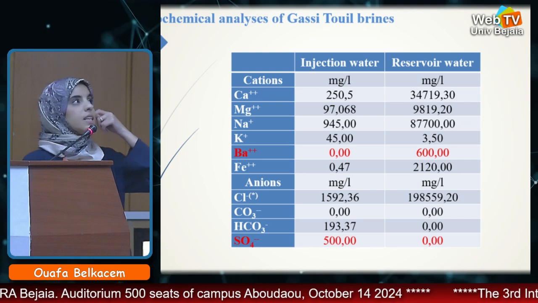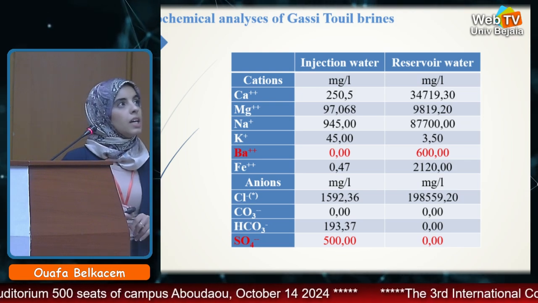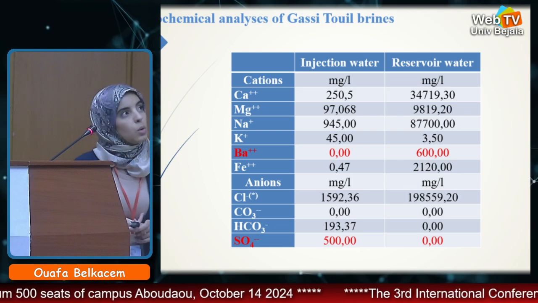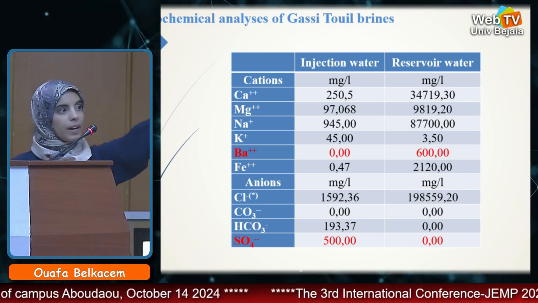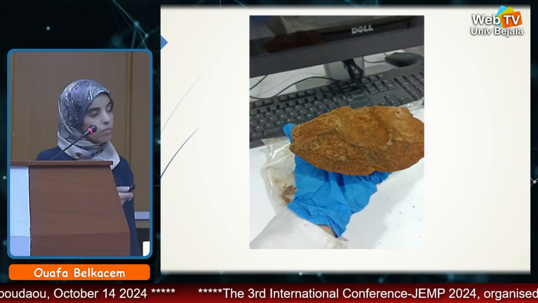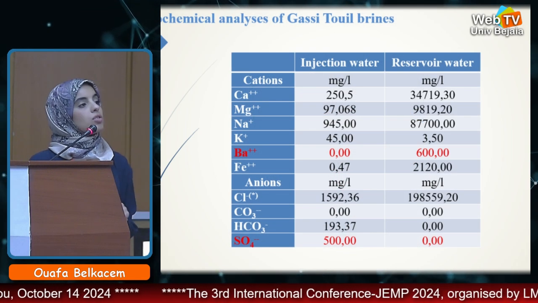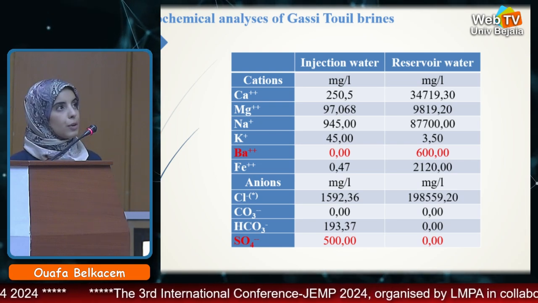We have the physico-chemical analysis of the brines. We have a high concentration of barium in the reservoir water and a high concentration of sulfate ions in the injection water.